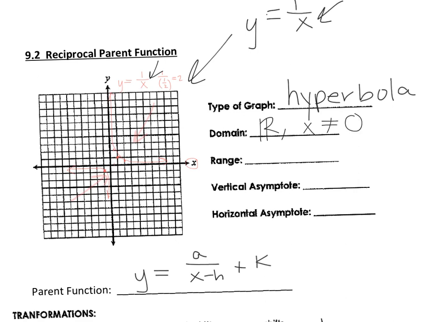And then the range, if you look at going up and down, is all real numbers except y can't be 0 because it's not crossing the x-axis. So the vertical asymptote is this vertical line where it doesn't cross, the equation x equals 0. And the horizontal asymptote is y equals 0.